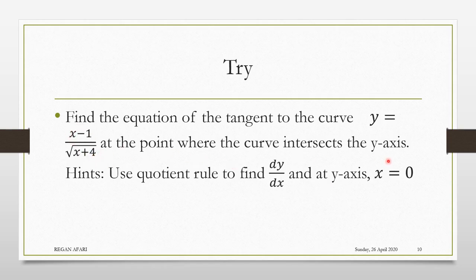Then you put x equals 0 into this curve to find your y value. Then you proceed to find the equation of the tangent. Your answer should be this. If you get it correctly, you should get y equals 9/16 x minus half.